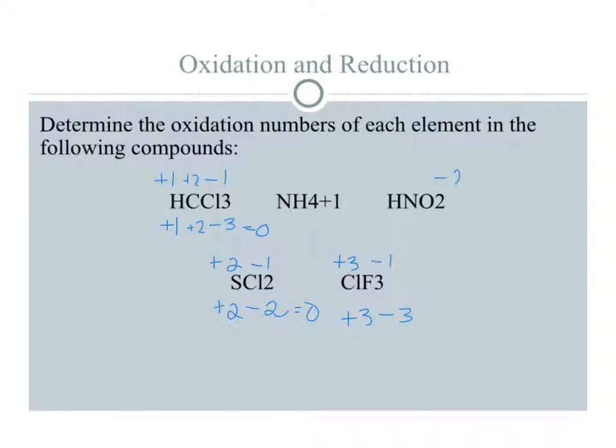HNO2, oxygen is minus 2. That gives me a negative 4. H is plus 1, so N had to be plus 3, because that then adds up to 0. And here I have an ion, so remember that's going to equal the charge on the ion. So it's going to equal plus 1.